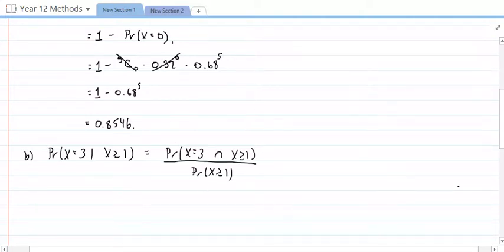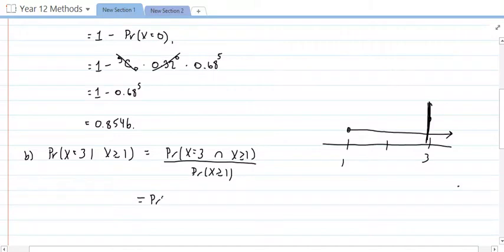Now, where X is equal to 3 and X is greater than or equal to 1, let's just have a quick look at that on a number line. So here's 1, 2, 3. When X is greater than or equal to 1, that's all of this part along here. When X is equal to 3, that's this part here. So the part where these are overlapping is just there where X is equal to 3. So this numerator I can actually just write as the probability that X equals 3 divided by the probability that X is greater than or equal to 1.